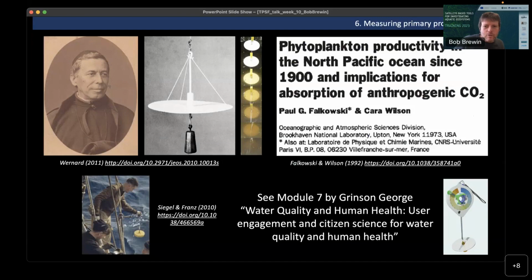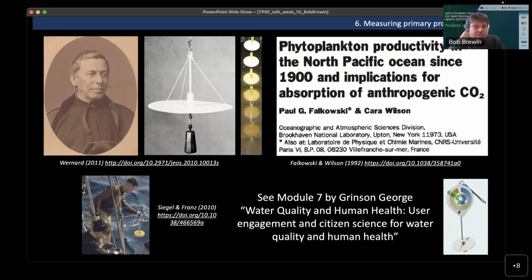Now, I wanted to link back to module 7 by Grints and George on water quality and human health. He talked a bit about Secchi discs in that module as well. So some of the earlier work in the 80s and 90s also, and this was some of the first approaches that looked at how clarity of the water in the ocean can be linked to productivity.